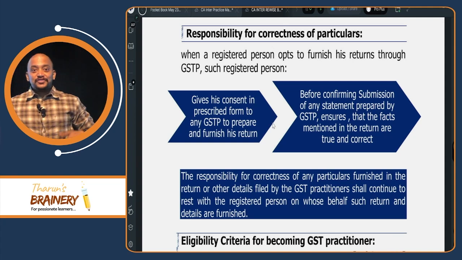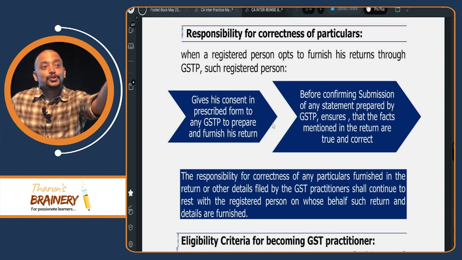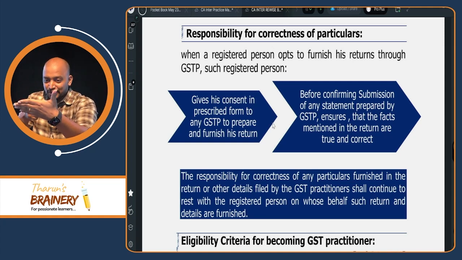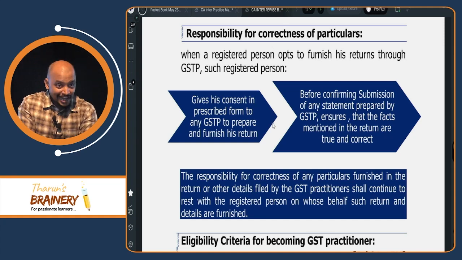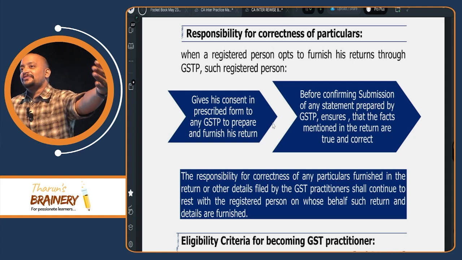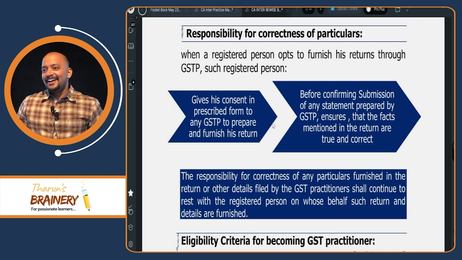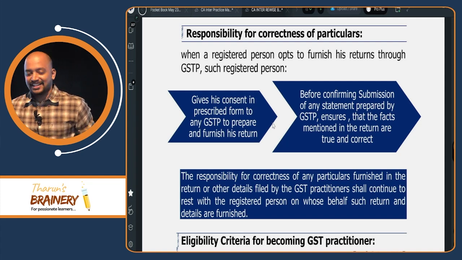Then what? If a GST practitioner is filing any returns, that should be made available to the registered person. The registered person should go through, verify, and he should say everything is correct. Then the GST practitioner will file. So he himself can file if he can tell that it is correct or not.